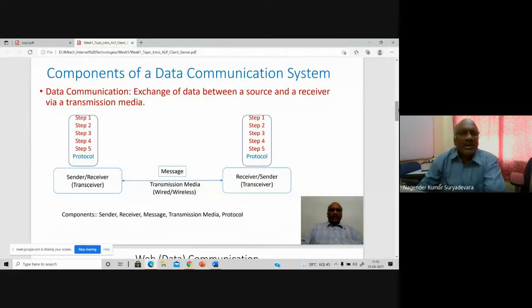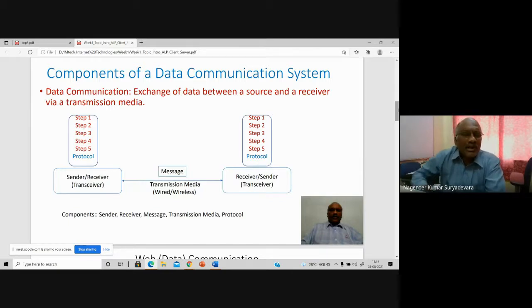Let us try to understand here. Whenever we exchange data between two different entities or devices, we are sending and receiving data. Exchanging means some data transfer is happening between two entities, and an entity can simply be an electronic device.